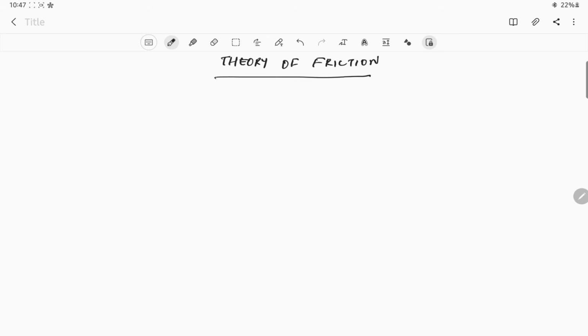Theory of friction is nothing but, suppose for example, I have a body and a surface here. This concept will be used in each and every problem of friction. So carefully observe here.